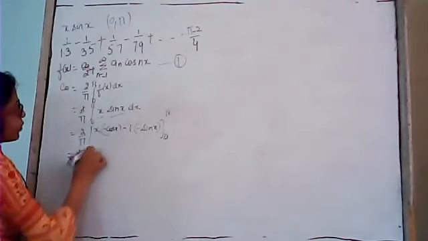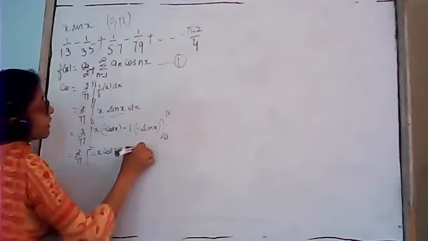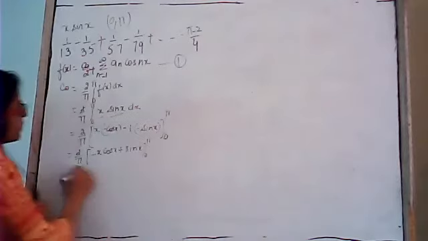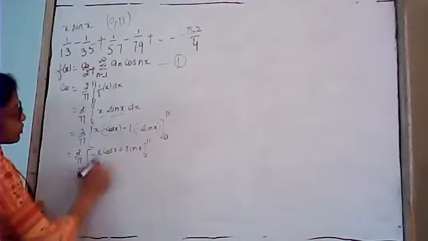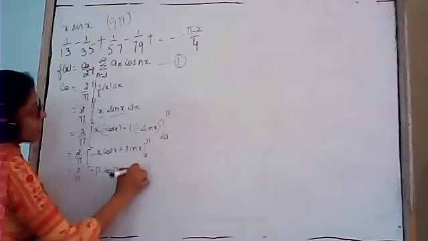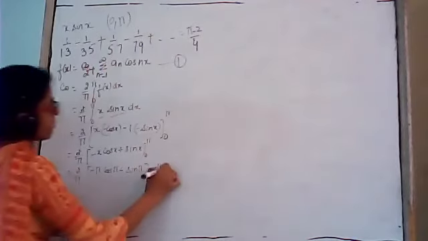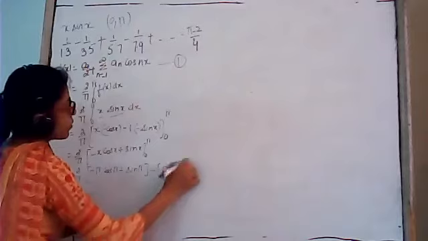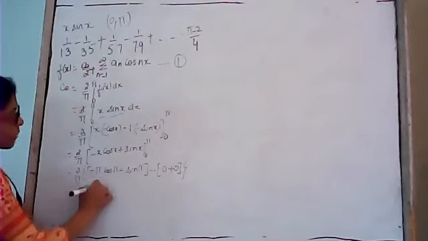It will be 2 by pi, minus x cos x plus sin x, and the interval is from 0 to pi. This is 2 by pi. Substituting the limits, minus pi cos pi plus sin pi. This is upper limit minus lower limit. It will be 0 and it will be again equal to 0. This is 2 by pi, minus pi.